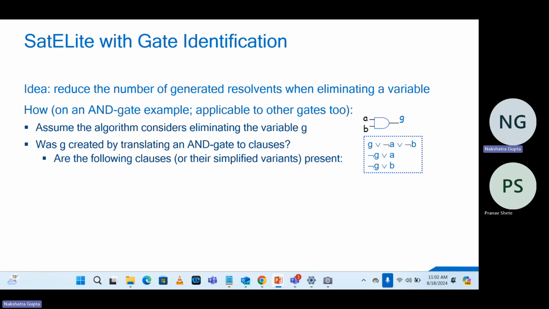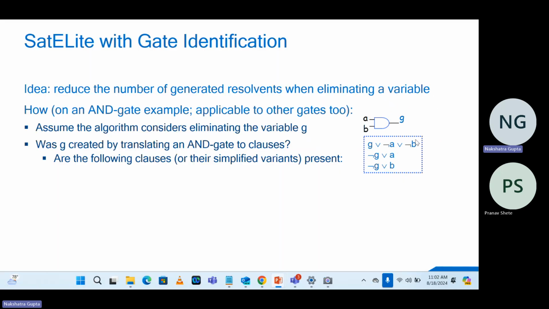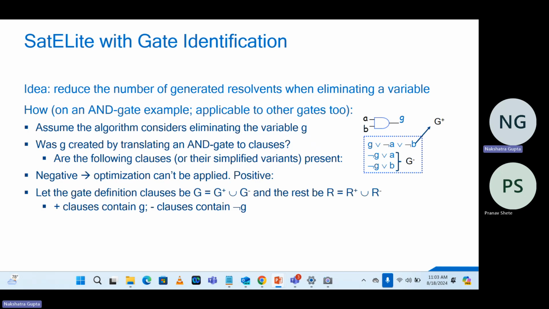By semantic variant, I mean, for example, that if B here was eliminated by self-subsuming resolution, you will still find it; algorithms are in general capable of identifying these cases. Now, if there are no such clauses, then this optimization is not applicable. If the clauses are there, we can resolve on fewer clauses.